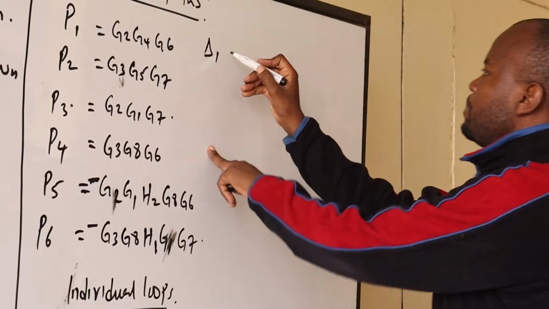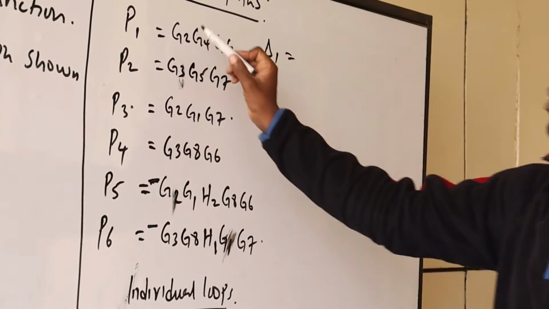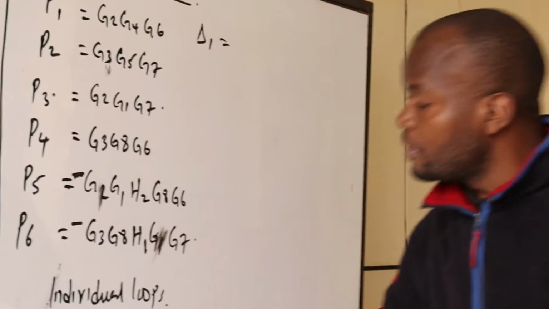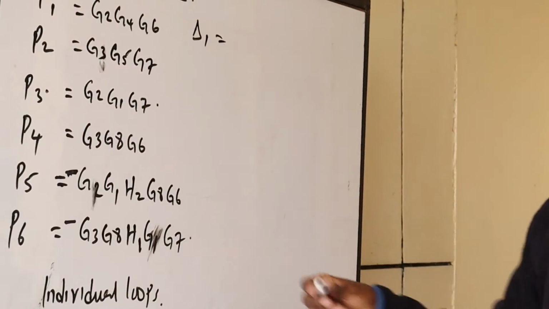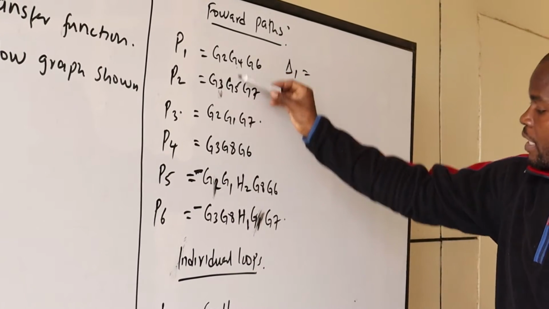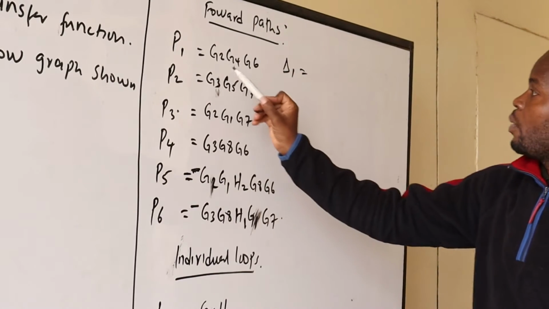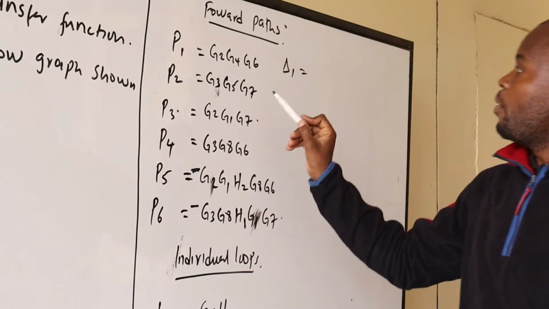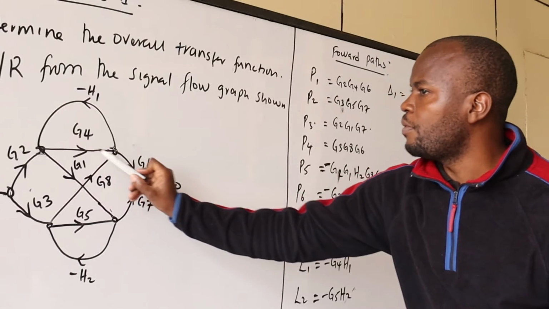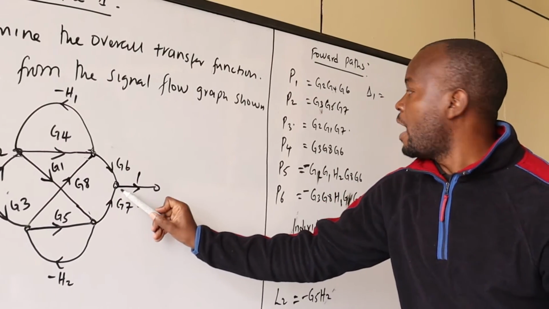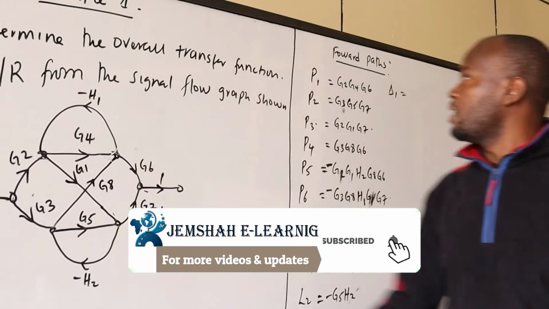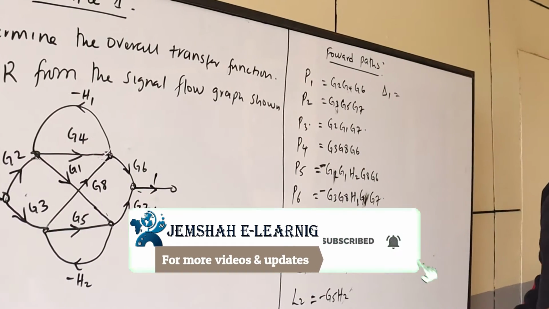So we look at P1 vis-a-vis all these loops, and we look at which loop P1 has not touched. It has touched the first loop, G4 H1, so that loop is touching.